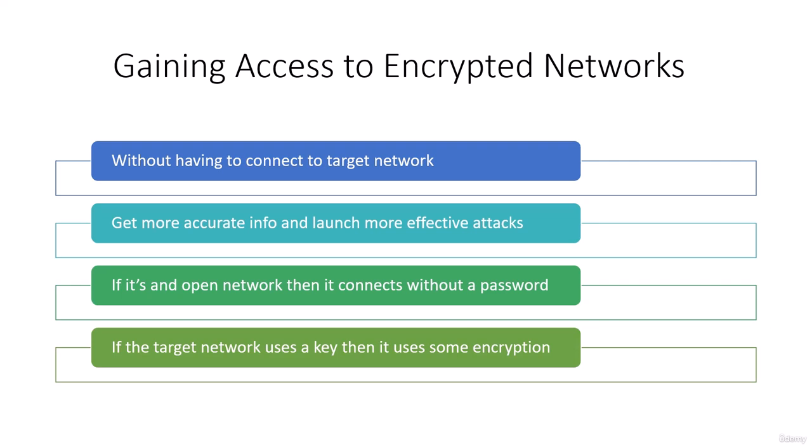That's the main purpose of this lecture: if you target a network that uses some sort of encryption, you cannot really do anything more unless you decrypt the data or find the key, so that you can connect to the network. So we're going to talk about how to decrypt WEP, WPA or WPA2 encryption.